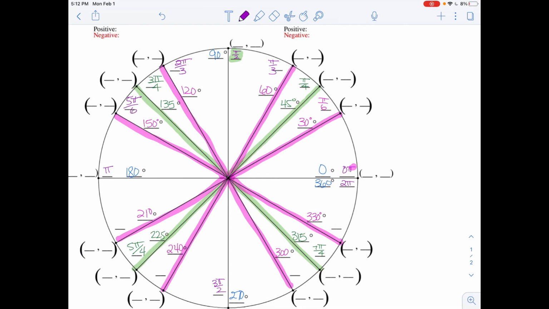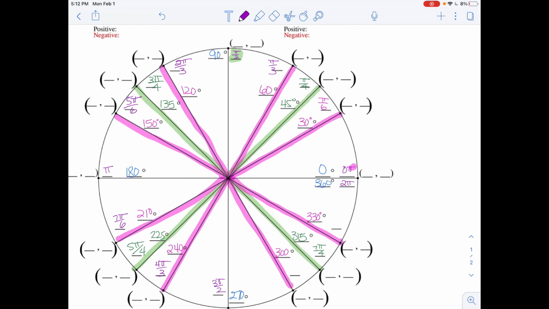And then 4 pi over 6 plus 1 more is 5 pi over 6. So you can see that we have this pattern of pi's over 6 that reduce to pi's over 3 every so often. And then we're going to keep going with that pattern. Pi plus pi over 6 is 7 pi over 6, plus pi over 6 is 8 pi over 6, which reduces to 4 pi over 3.